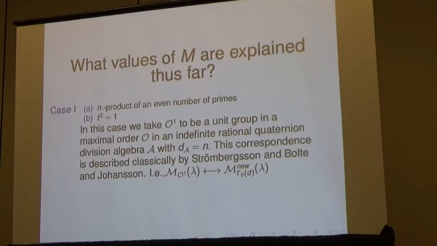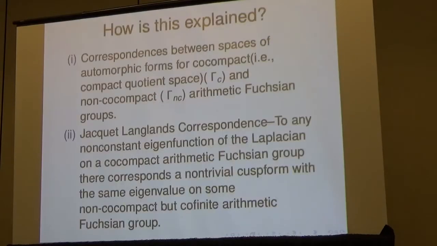So how have I been able to explain this? These are our results. Essentially, in the case when we can think of N as a product of an even number of primes, remember, Risager has this M is N t squared. So I'll just pop this back real quick.